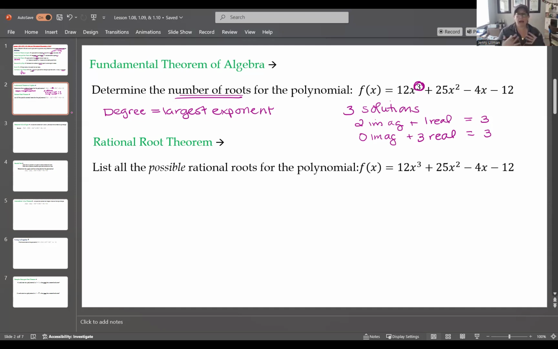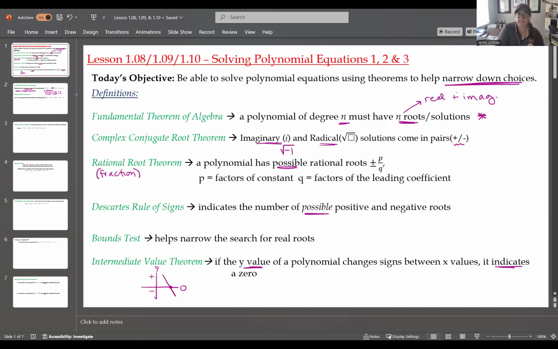All right. So now that we know how many answers we want, let's start figuring out, well, what could these answers be? So our rational root theorem, again, is a list of possible roots, specifically rationals or things that could be written as a fraction. So to do this, to make a list, we need a p-value and a q-value. So I'm going to jump back again.